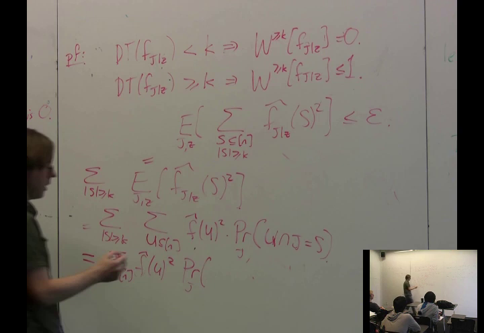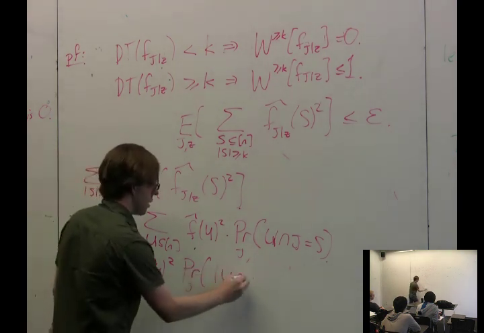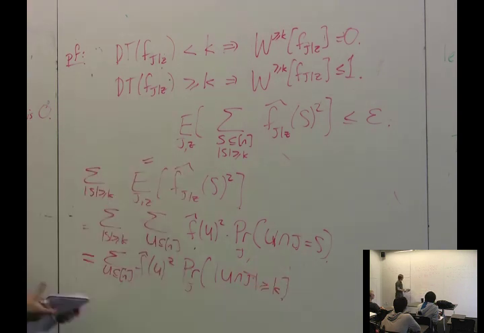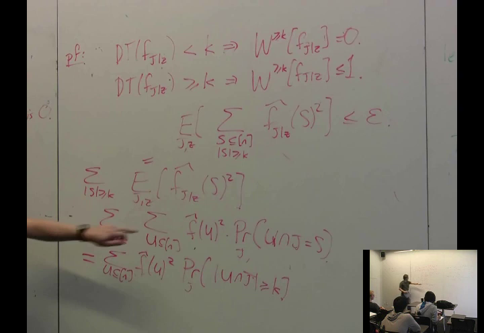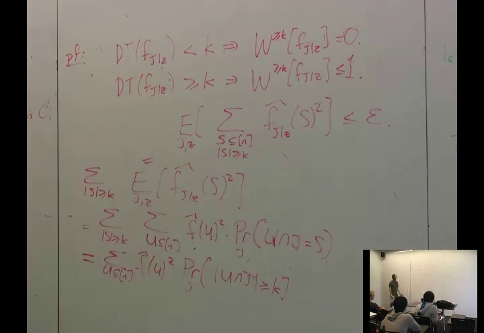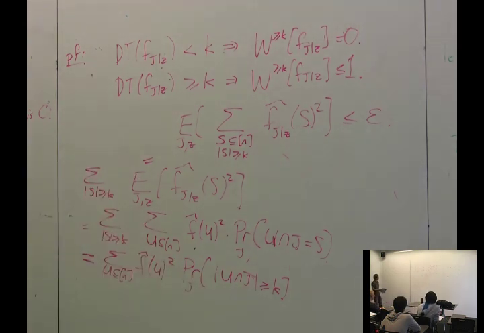It's the probability that the intersection has size at least k. The way to see that is to sum over all S and stick in the indicator that S has cardinality at least k. Once you have unconstrained sums, it's easy to switch them, and then you can push the indicator into here. Anyway, that's an analysis trick. If you think about it for 2 seconds, this is what you get if you interchange the sum.